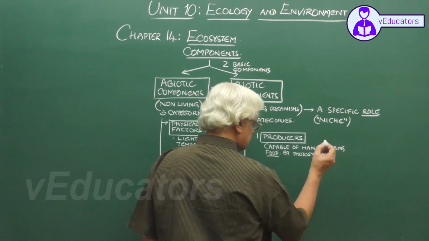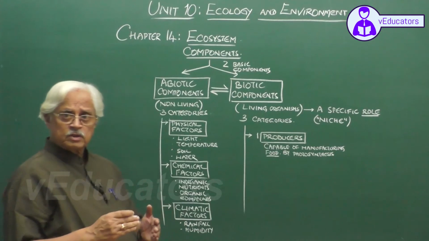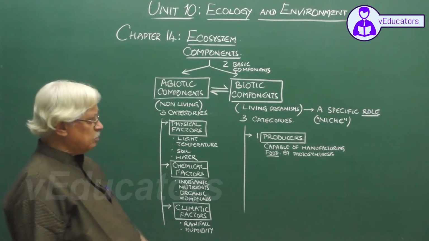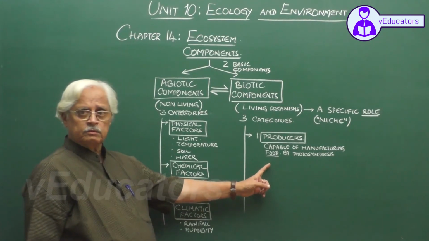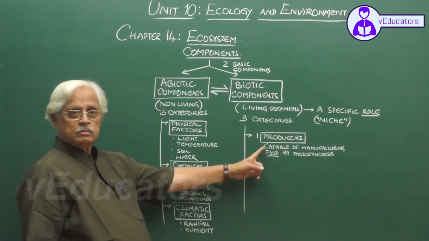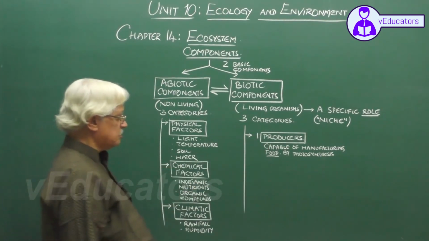So these organisms not only manufacture the food that is required by themselves, but also manufacture the food for the entire ecosystem. Therefore, they are described as producers.